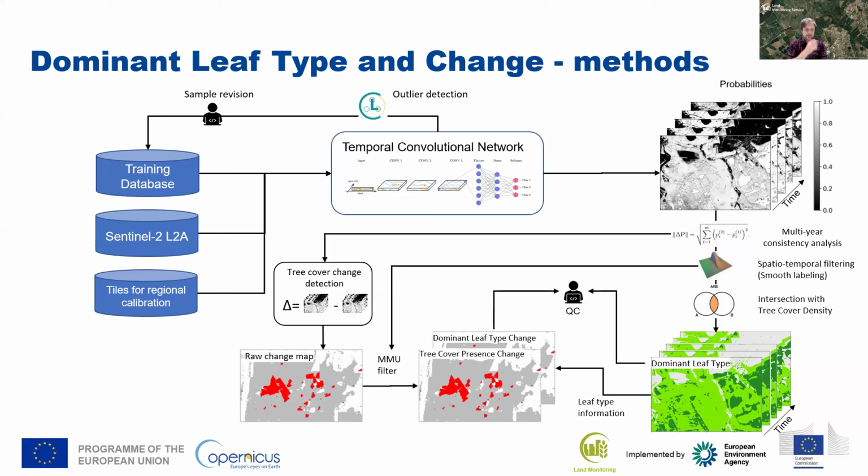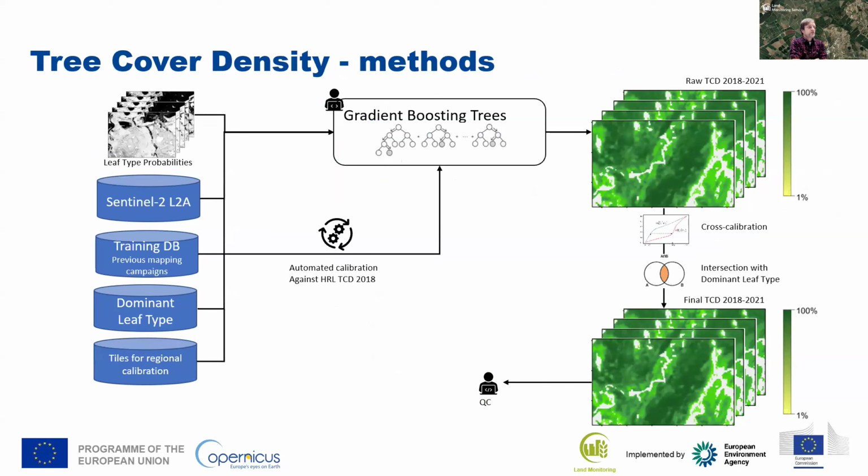These results are then internally quality checked for artifacts and plausibility. In case there are errors or misclassifications observed, the whole workflow starts from scratch until the results match the expectations.